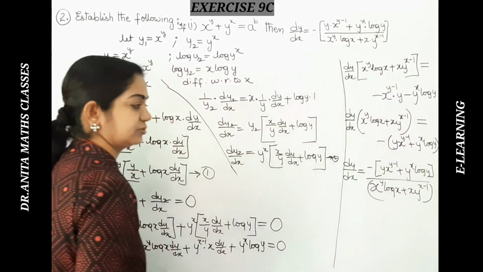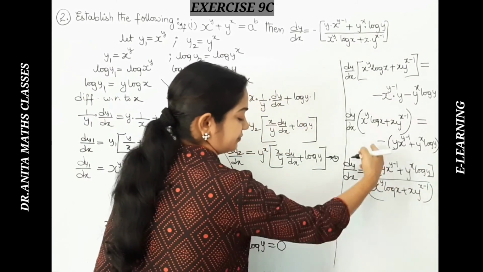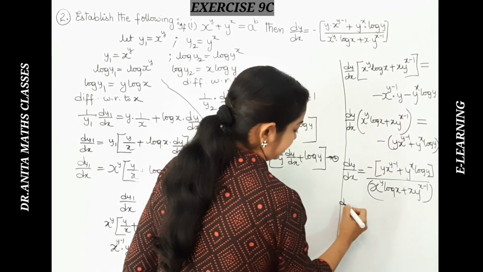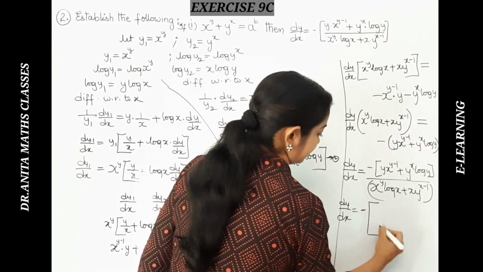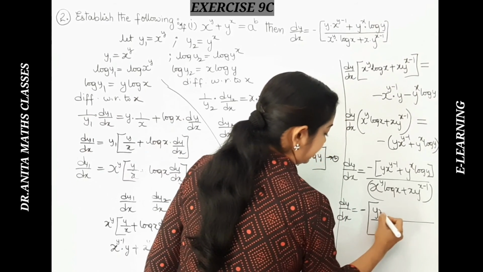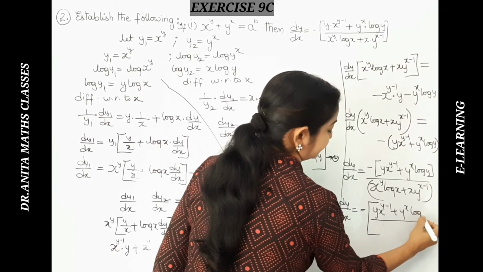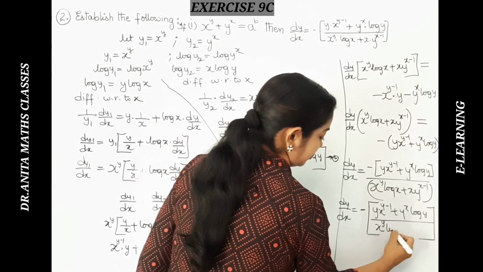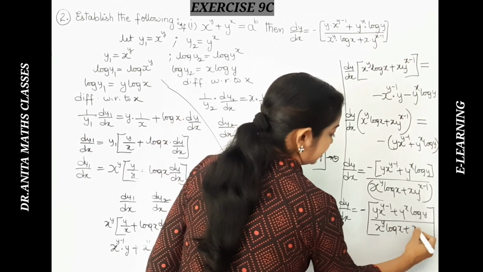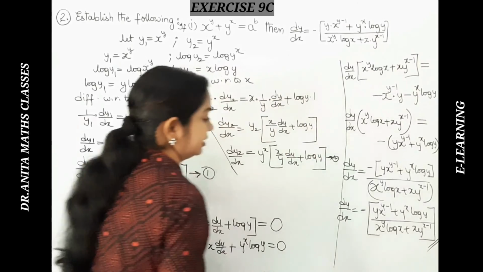Okay, these two. So you can club them. There is a negative sign, you can write it. If there is a fraction, you can take it for the complete thing. You can write the final answer like this, minus, y x raised to the power of y minus 1 plus y raised to the power of x log y over x raised to the power of y log x plus x y raised to the power of x minus 1. This is the final answer.